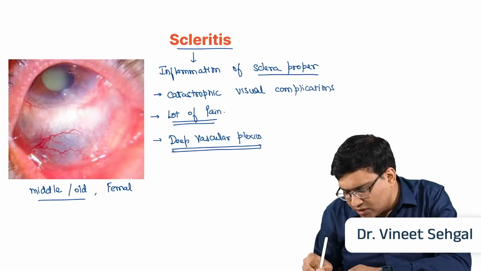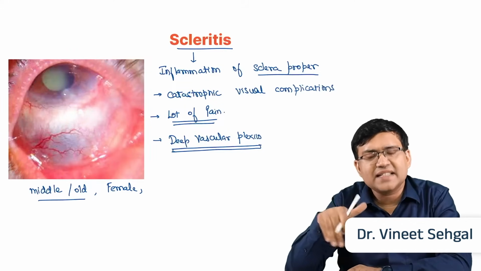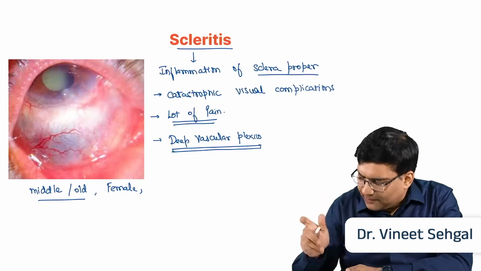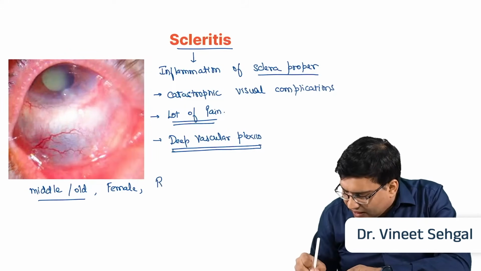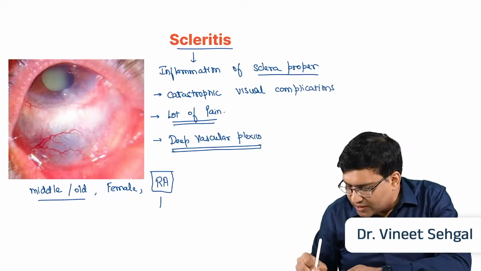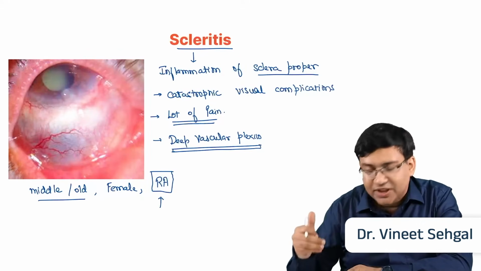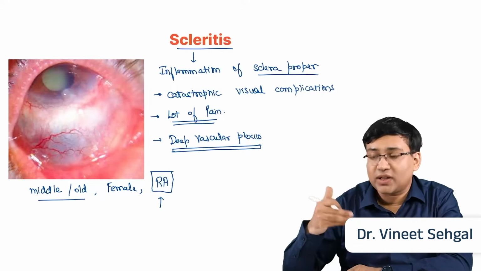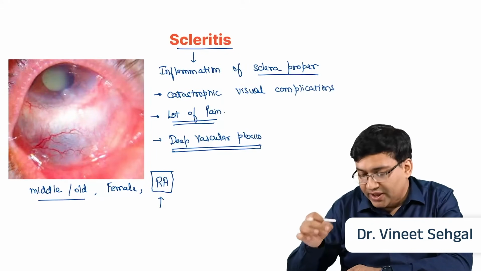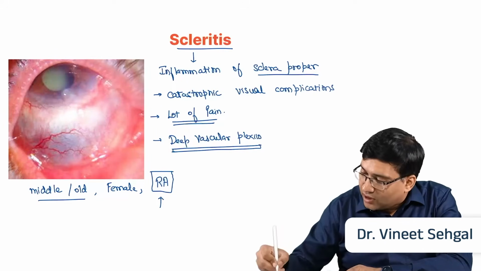Both episcleritis and scleritis are more common in females, and scleritis has an association with rheumatoid arthritis. Now this is very important. This has been a question beforehand also: in patients of rheumatoid arthritis, if they ask what is the very important ocular complication, it is scleritis.